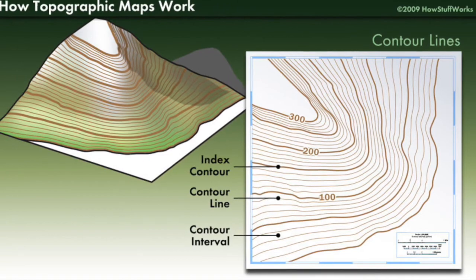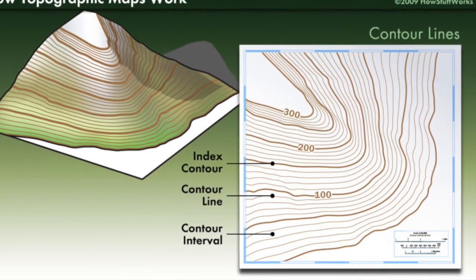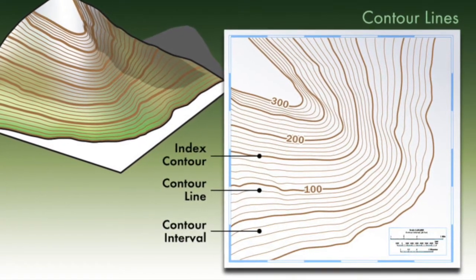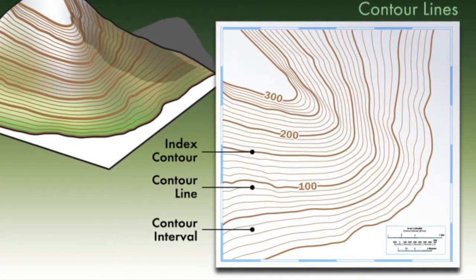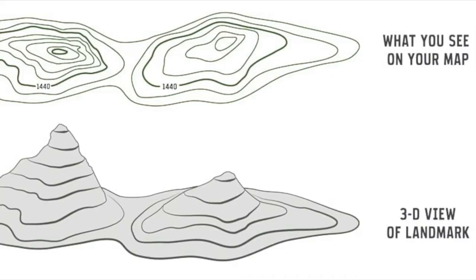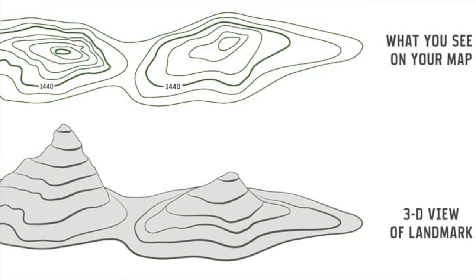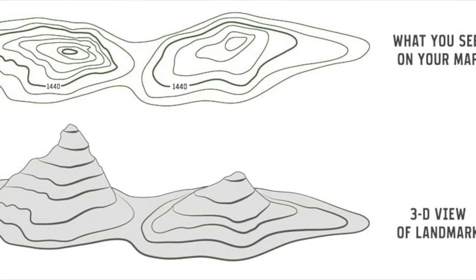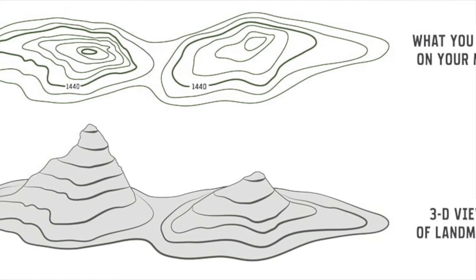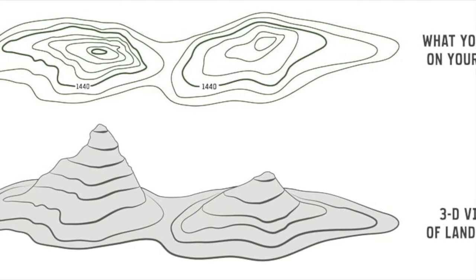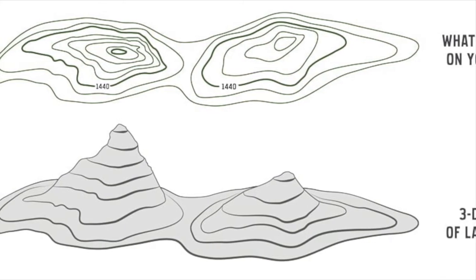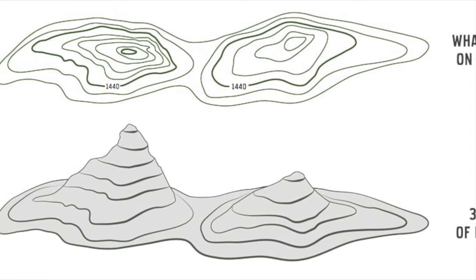So here's an example of a contour map. And as you can see, a contour map actually is a series of flat lines that is describing a three-dimensional element. So here are these mountains, and the contours you see above the mountains are telling you how much they extend into space.